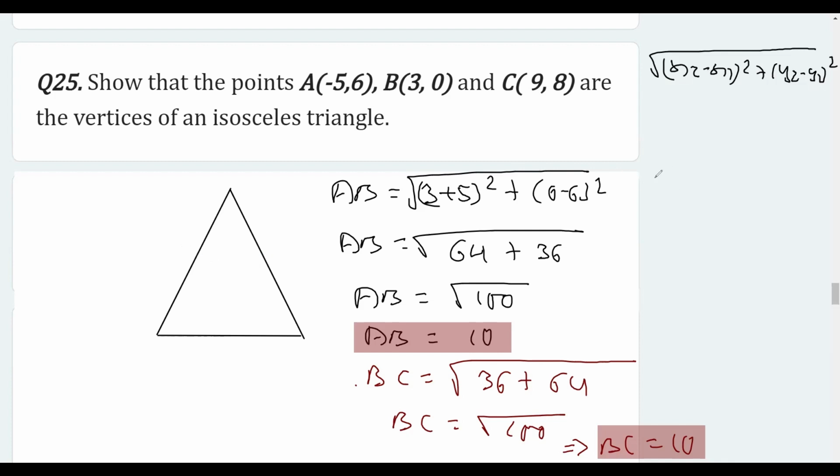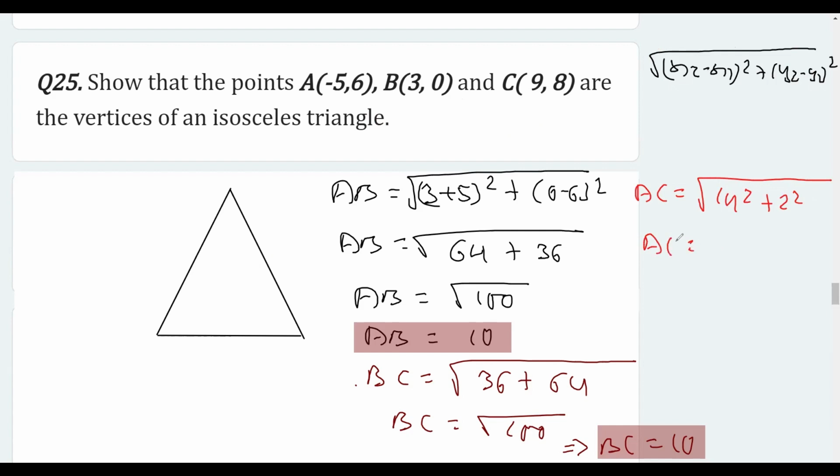Now let's figure out the third side, which has to be AC here. Applying the distance formula the same way, that is x2 minus x1. So 9 minus minus 5 is 9 plus 5, which is 14, 14 square. And then 8 minus 6 is 2, 2 square.